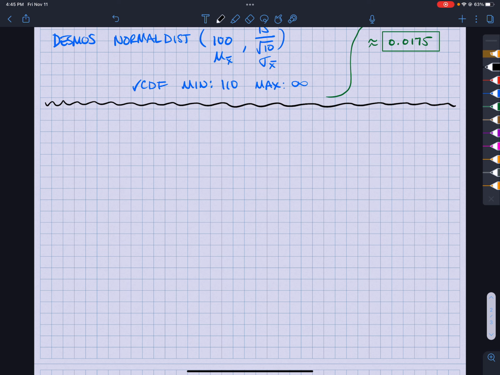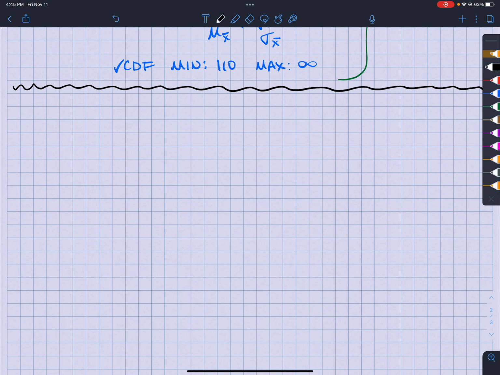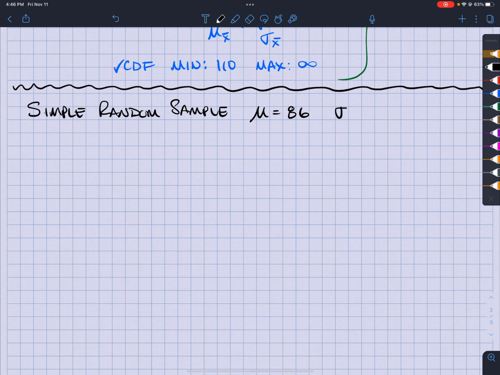So let's say we have a simple random sample where our mean is equal to 86 and our standard deviation is equal to 24, okay?